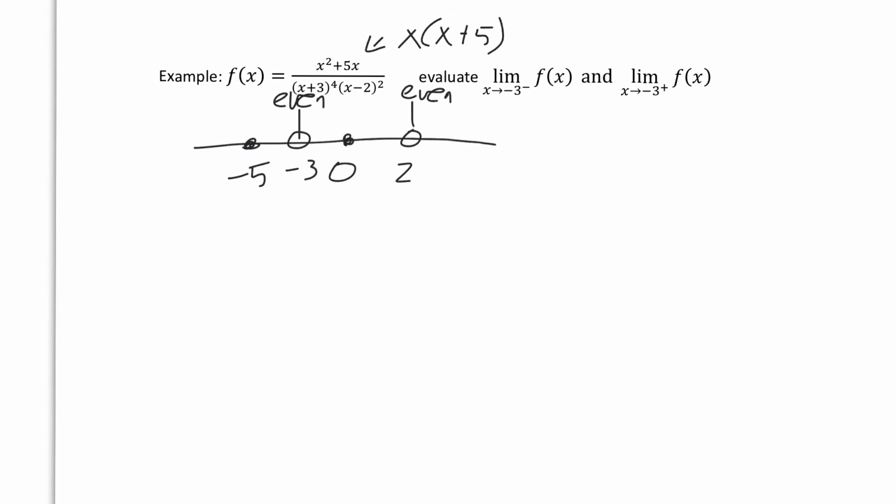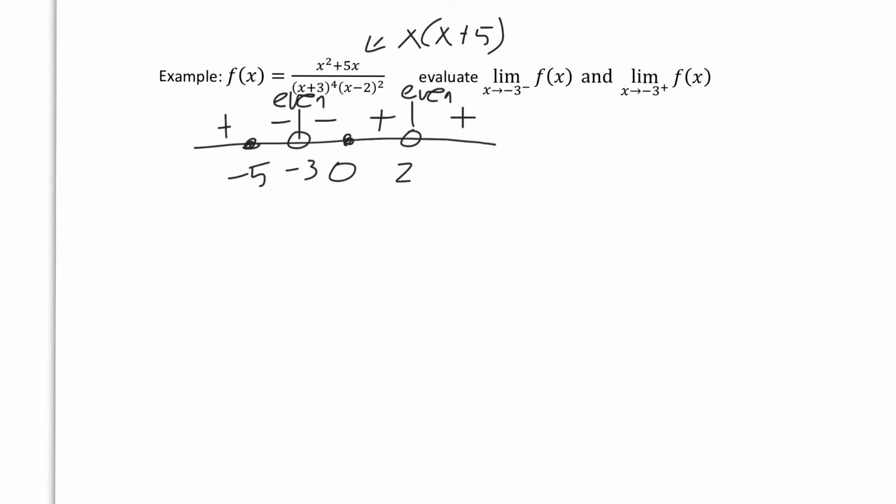So pick a number bigger than 2, say 10. Positive, positive, positive, positive. So we're going to get positive over here, which makes this positive, negative, negative, positive.